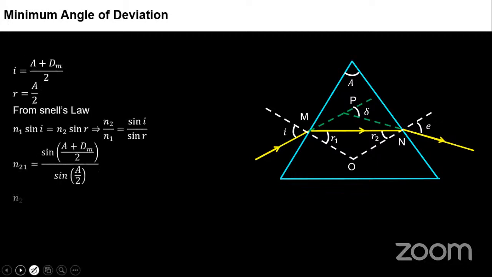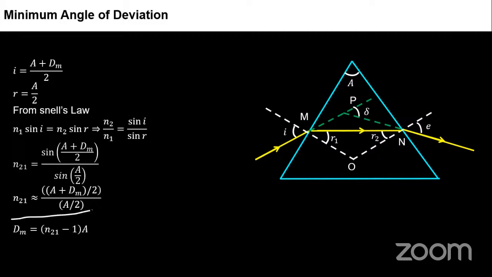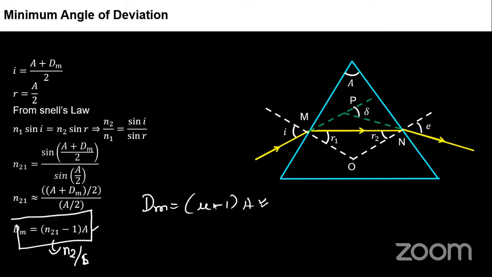The formula required for the application is this: mu, the refractive index of the internal medium of the glass prism with respect to the external surroundings, minus 1, into A, where A is the angle of prism. So the angle of minimum deviation is (mu minus 1) into A. But don't worry, the things are the same, only the symbols are changed.